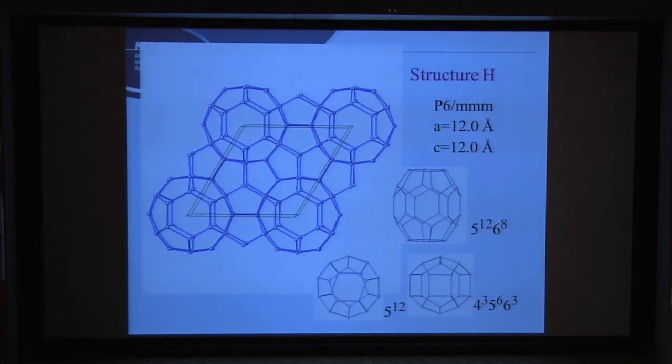And finally, we have structure H. There are other structures as well, but these 3 structures actually have been found in nature and have been the subject of much laboratory work. And here we have an unusually large cage and another small cage with square faces. So we can see that the water molecules inside the hydrate can have all kinds of different geometries. We have square, pentagonal, and hexagonal faces.